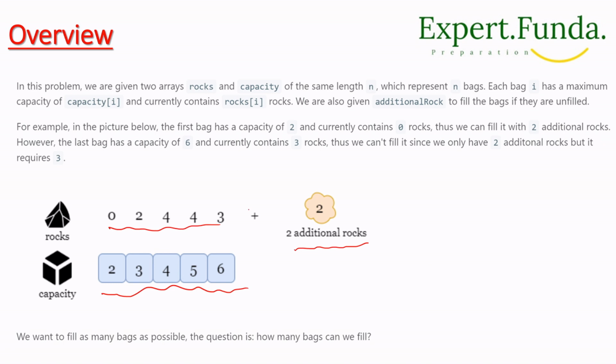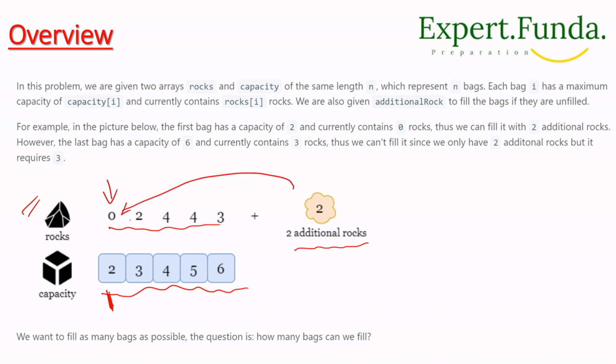If we talk about this example that we are seeing here, the first bag has capacity 2 and currently contains 0 rocks. Thus we can fill it with 2 additional rocks here.